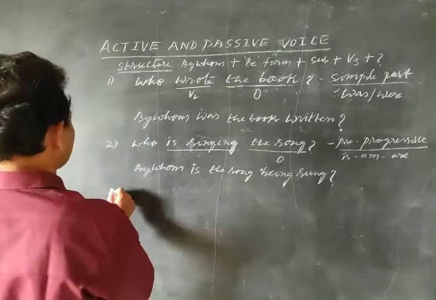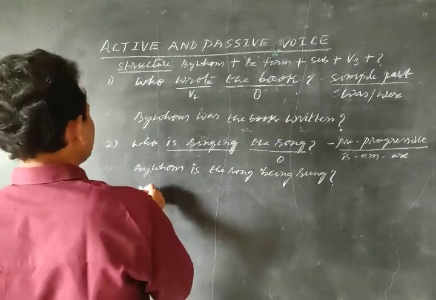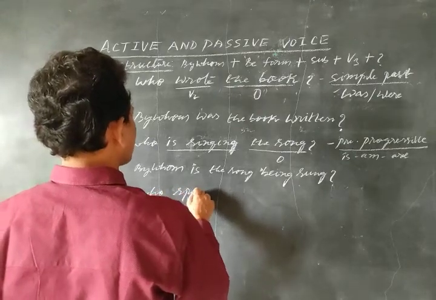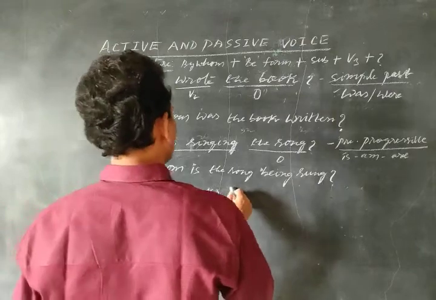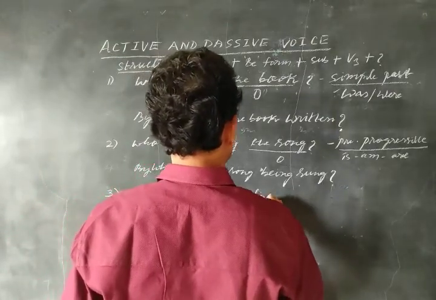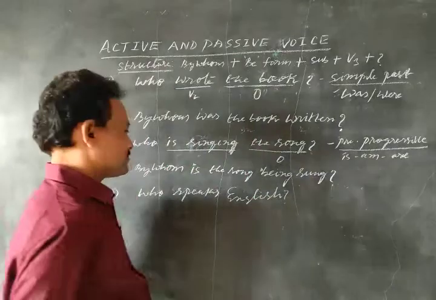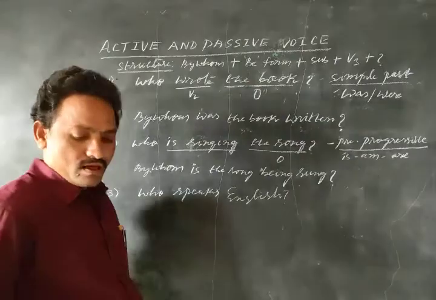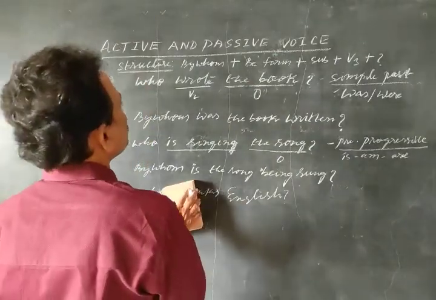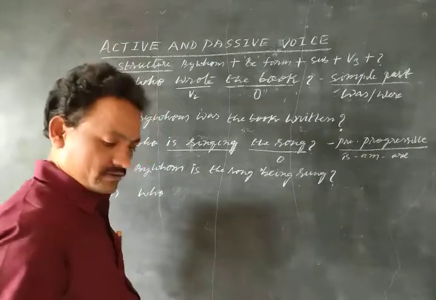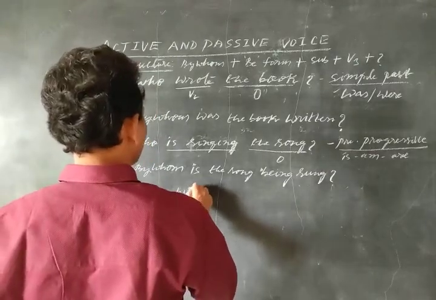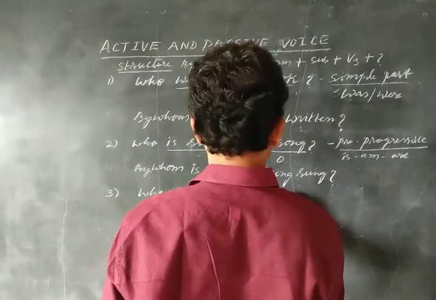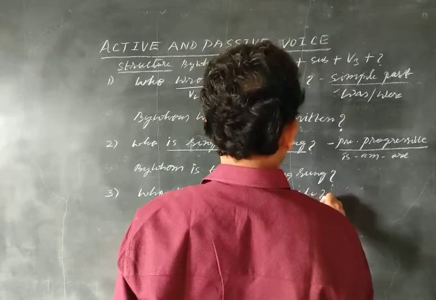That's all. One more. Who speaks English? This is the person. Now, once future tense: who will speak English? This is the question.